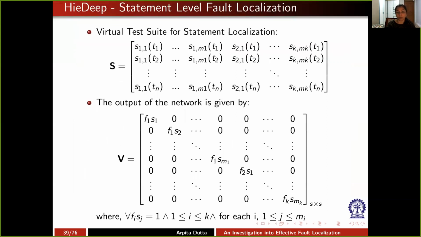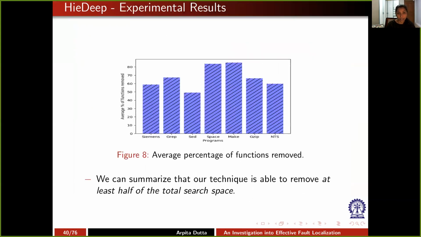Then, for the statements involved in those k functions, we took the statement coverage and trained another network, and then used other virtual metrics to get the suspiciousness of those statements. This is the result, where we can see that our technique of hierarchical fault localization is able to remove at least half of the total search space.